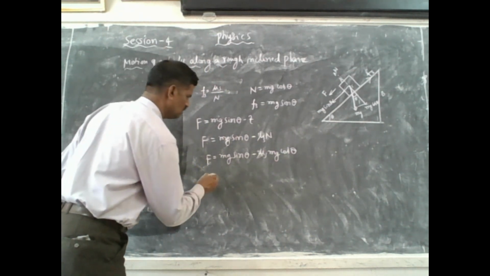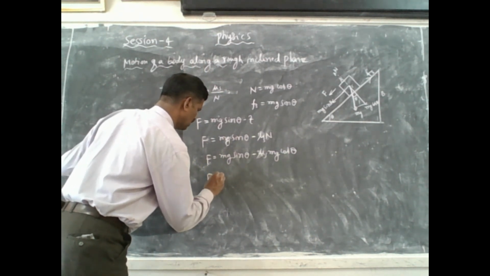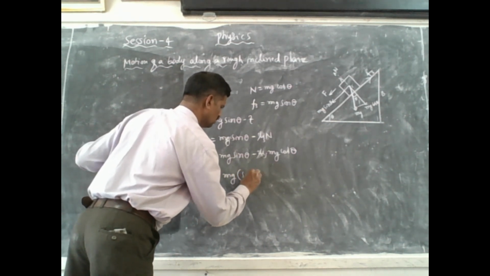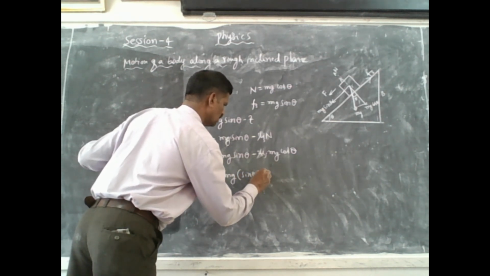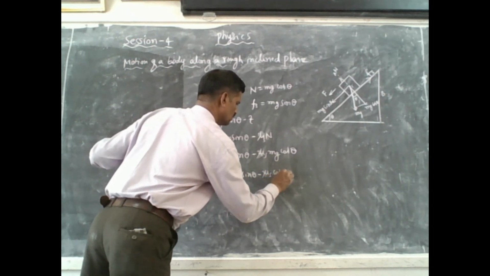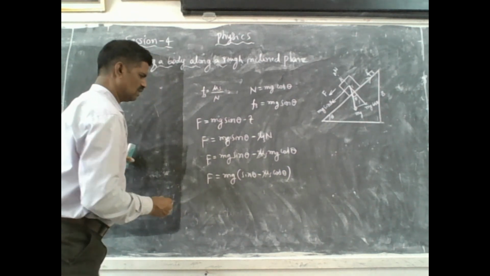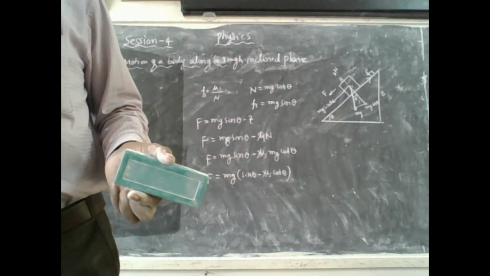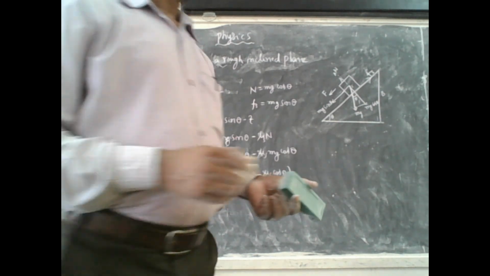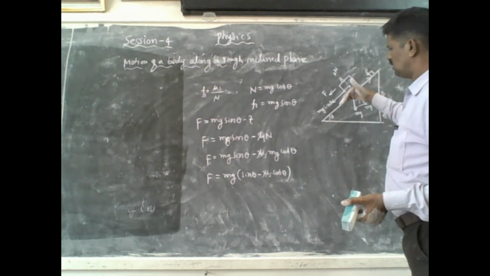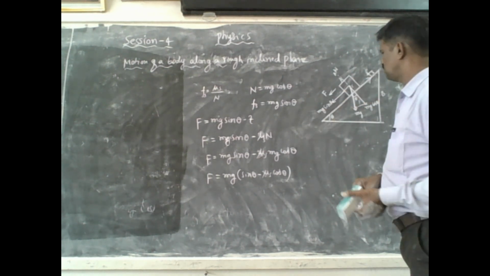Here mg we can take out common: mg into sin theta minus mu s cos theta. This is the total force acting on the system, because the body moves in the downward direction, isn't it?